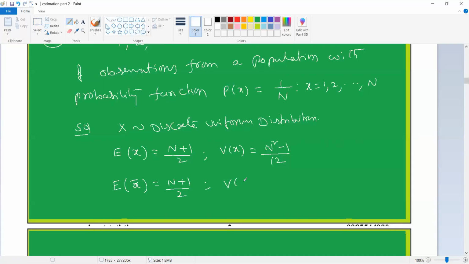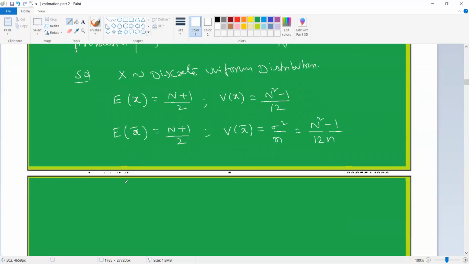Here the variance of X bar, by the formula, is sigma square by sample size n, where sigma square is (n square minus 1) by 12, so variance of X bar is (n square minus 1) by 12n.